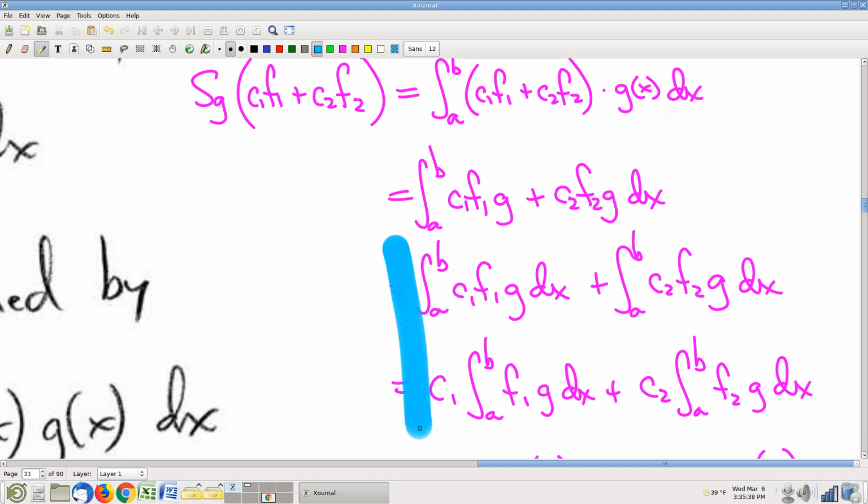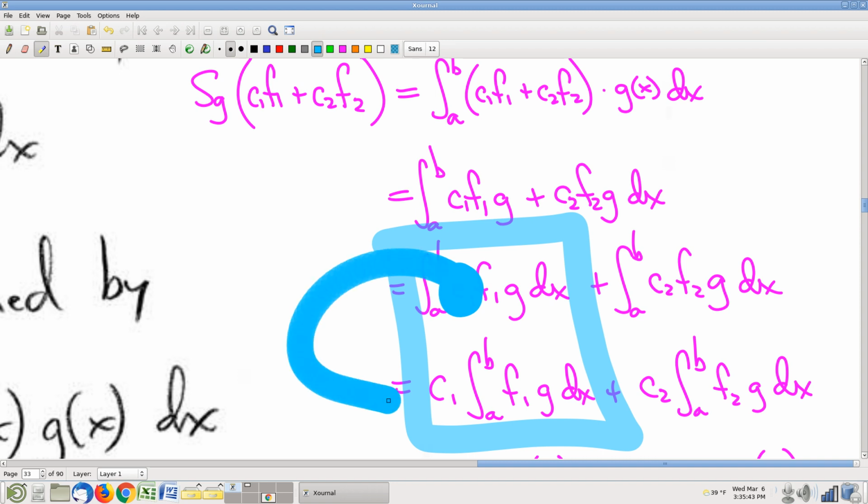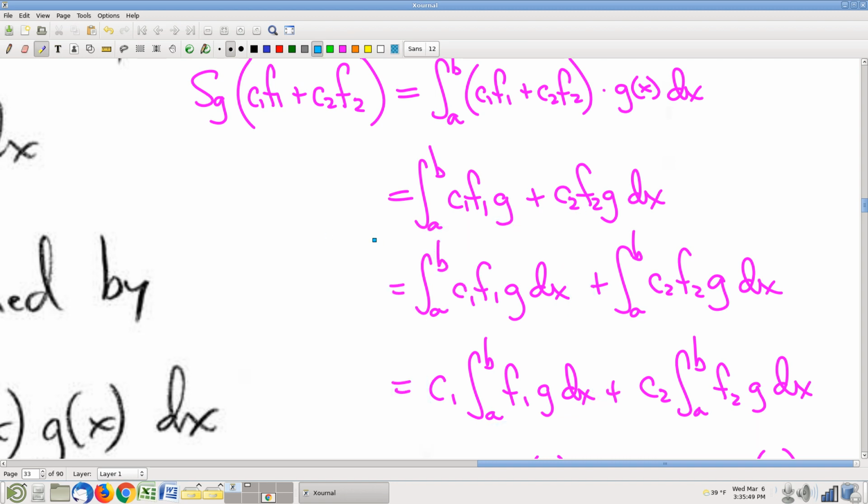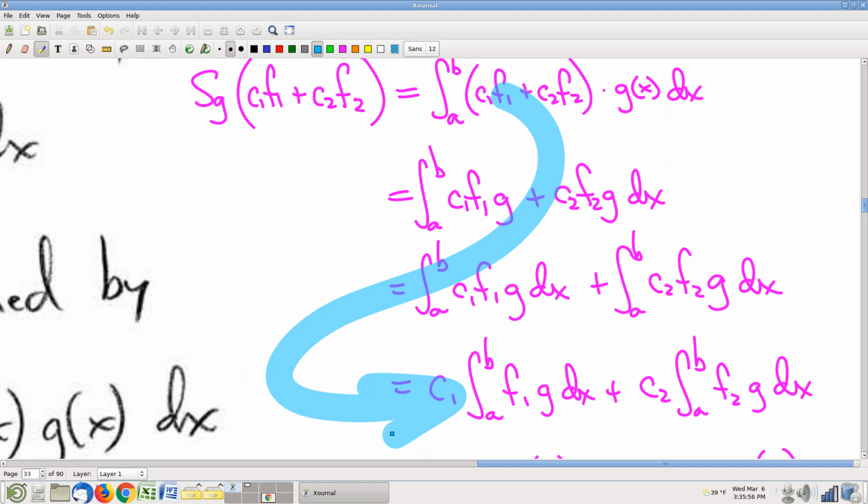Calc 1 tells me that if I have a constant inside of an integral, I can factor that outside of the integral. Again, ancient history, old news, right? We're just manipulating these objects. And so now I have turned this into this. And we're actually kind of done at this point. We just have to realize that we're done.